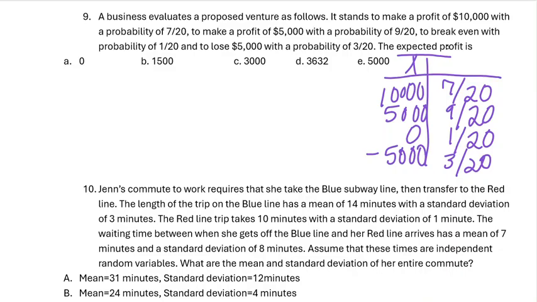And then the probabilities in L2, 7/20, 9/20, 1/20, and 3/20. And then stat calc 1 variable statistics, link L1 with frequency list L2, and you will get $5,000 as the expected profit.